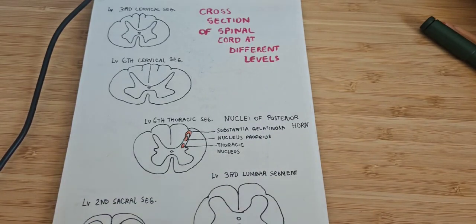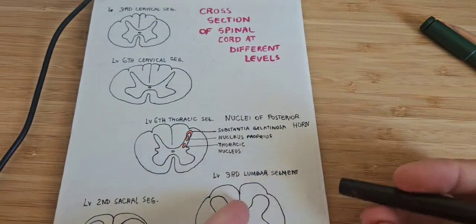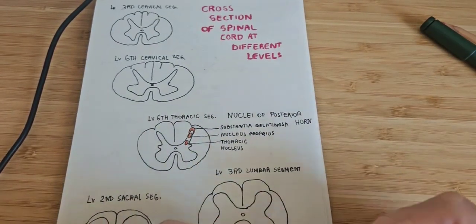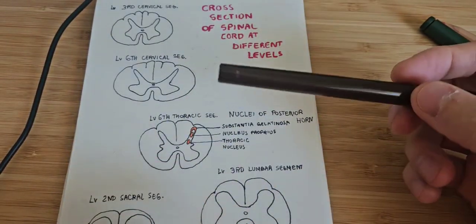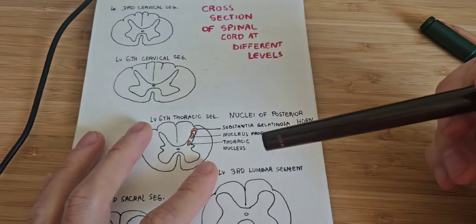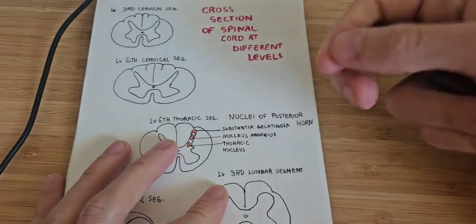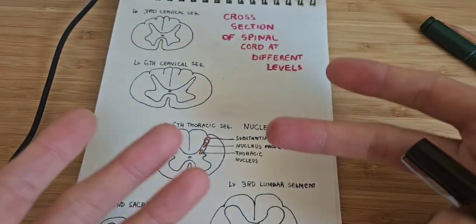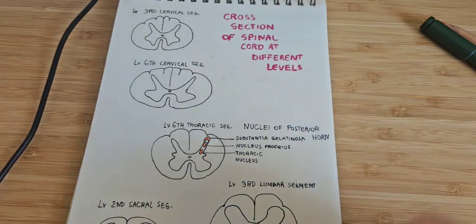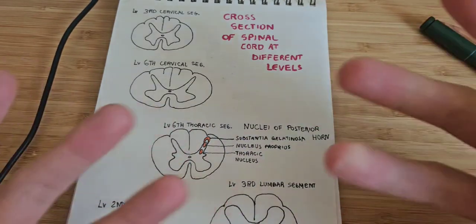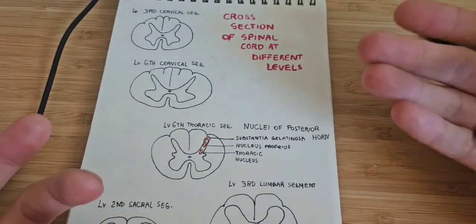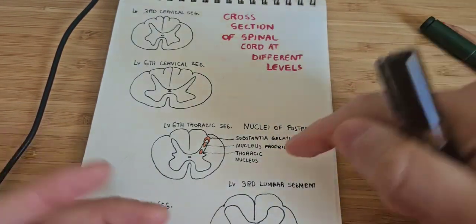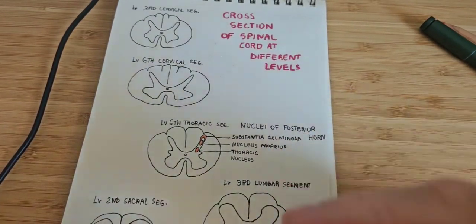Now, I asked you before, why is it so relevant to understand the nuclei? Well, once you understand the nuclei of the posterior horn, you will have a better view for diagnosis, especially if you are a physician, and also for managing neurological conditions that affect sensory processing.